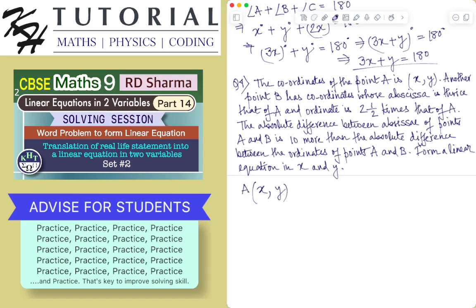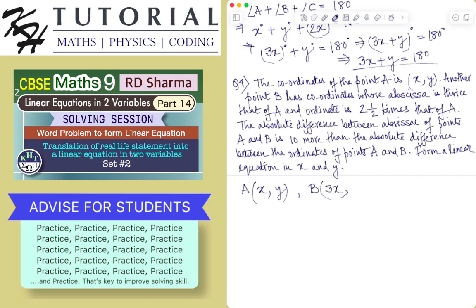And there is another point B whose abscissa and ordinate are given in terms of the coordinates of point A. For the point B, it says that the abscissa, that is the x coordinate, is thrice that of A. Abscissa of A is x, so abscissa of B will be 3x.